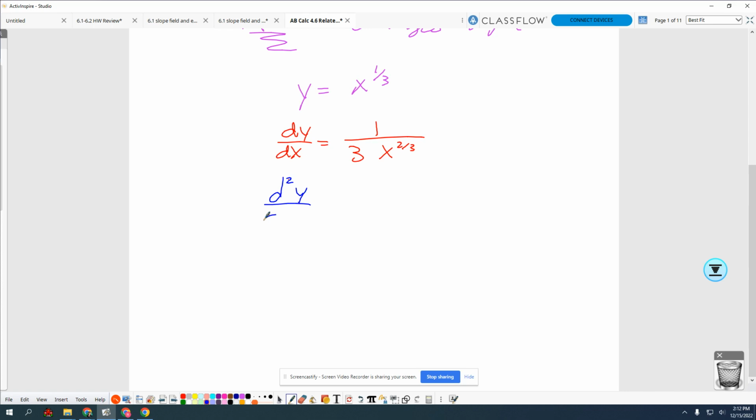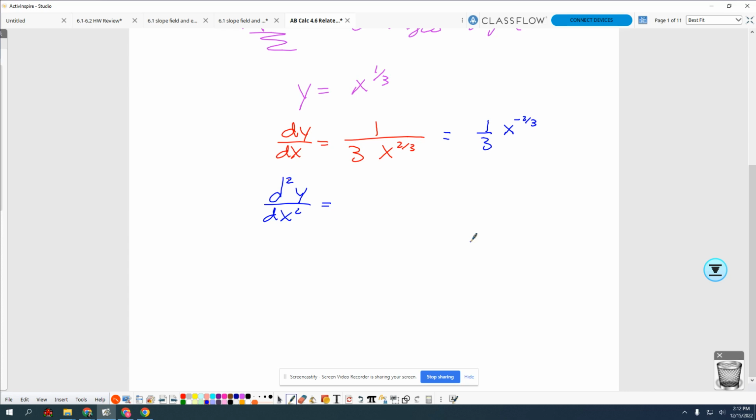So it'd be just a step-by-step process: 1 over 2x to the negative 1/3. Will we just bring that up and make it positive? Power rule: the derivative of this is multiplied by the power. What is the power?